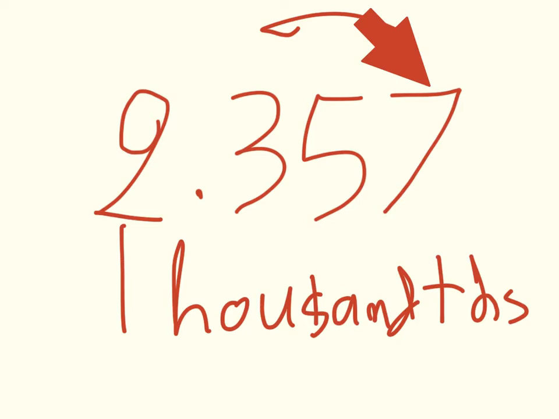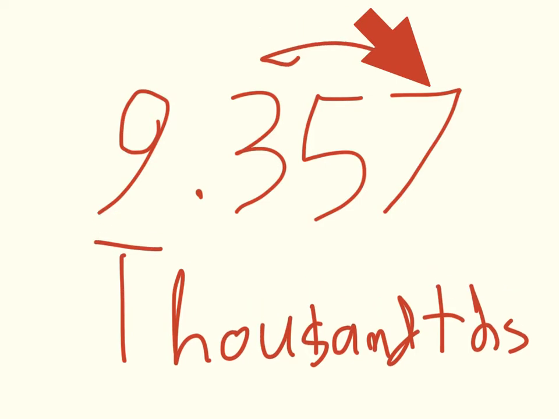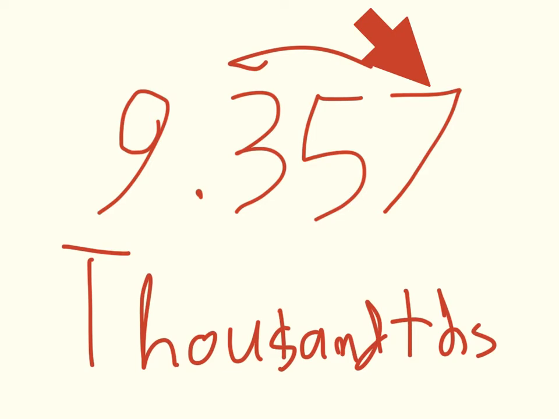So let's go to the next. One more thing: this is the ones place, tens, hundredths, well, let me start that over. Ones, tenths, hundredths, and thousandths, because each of them ends with TH.